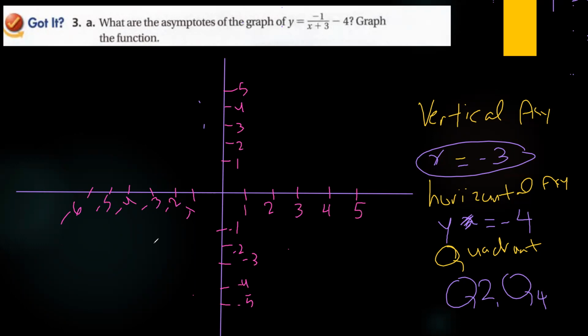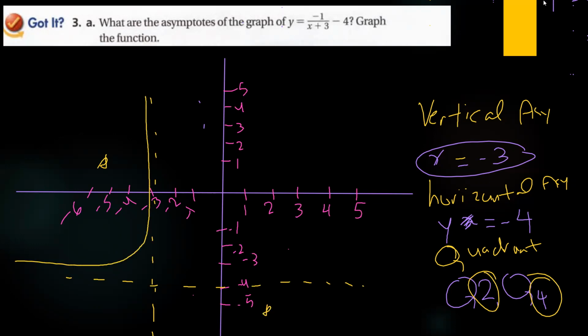Then at x is -3, this is my vertical asymptote. And at y is -4, this is my horizontal asymptote. Then, in which of quadrants 1, 2, 3, and 4 am I? We found that I am in quadrant 2 and 4. So I'm here and here. So these will be our curves.